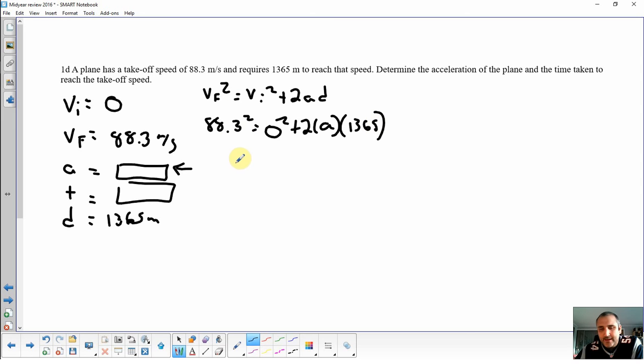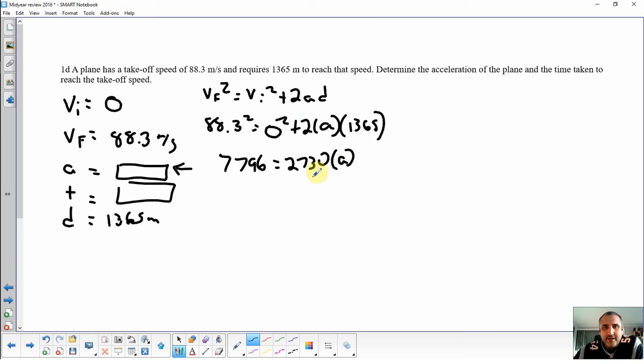And let's see, 88.3 squared is going to be a ridiculously big number, 7796, equals 2 times 1365, that's going to be 2730 times A, and 0 squared is 0, and I just ignore it because it's 0.